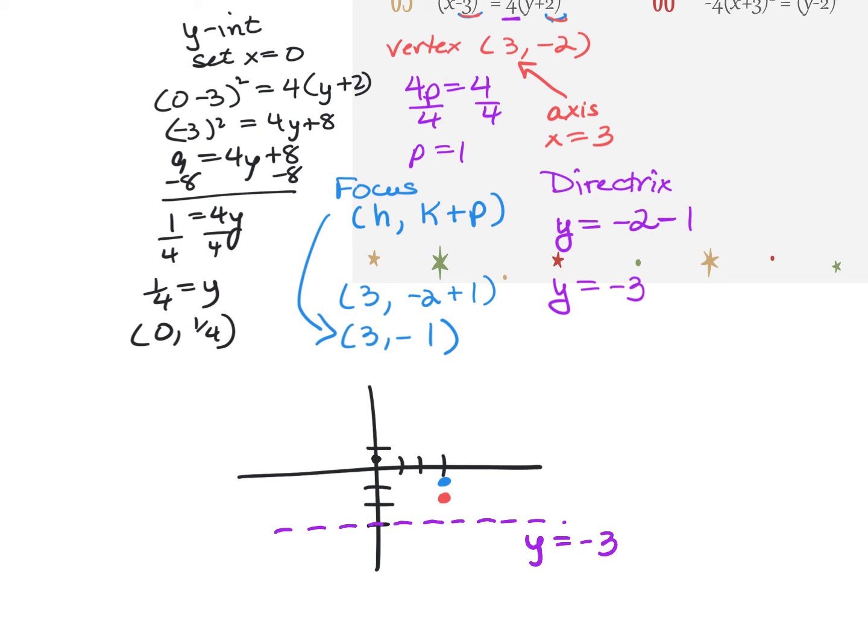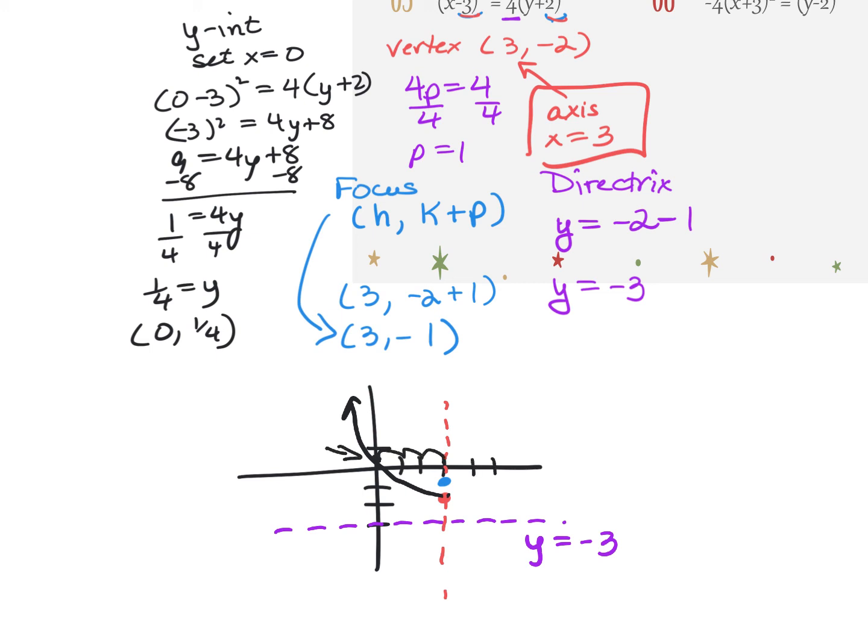So I need to know how wide to make this. And I can also use my axis of symmetry. Remember, my axis was here. So if I put in my axis of symmetry here, you see how this point right here was 3 spaces away, 1, 2, 3.